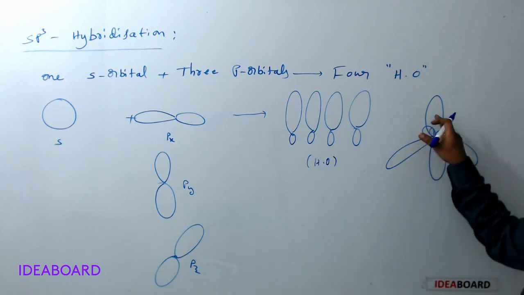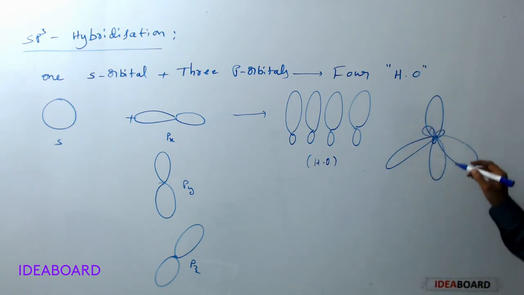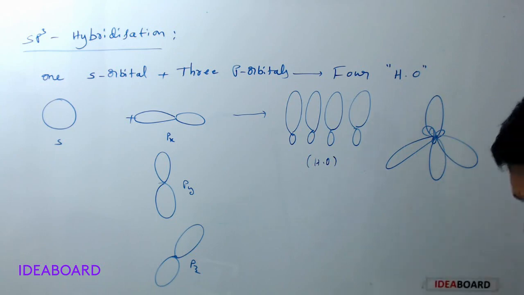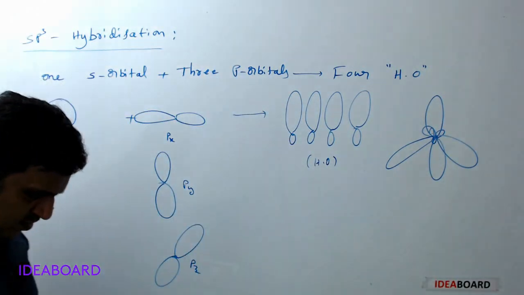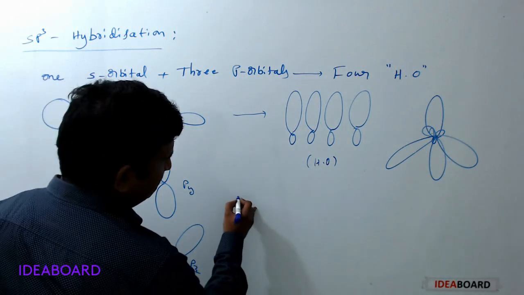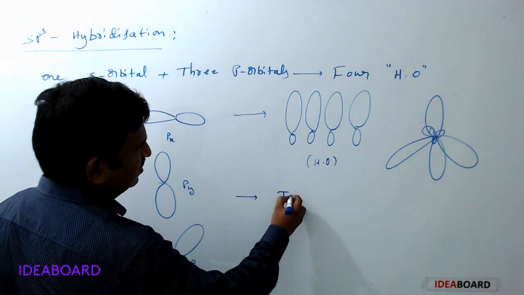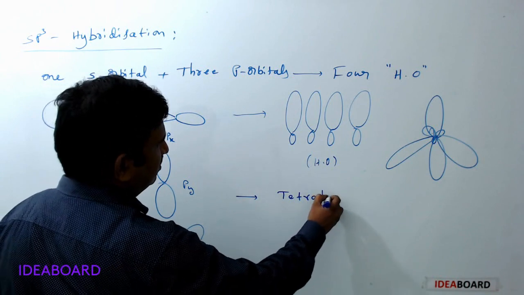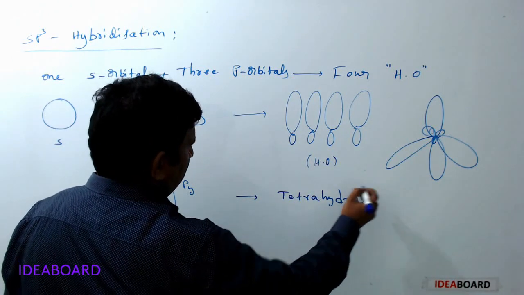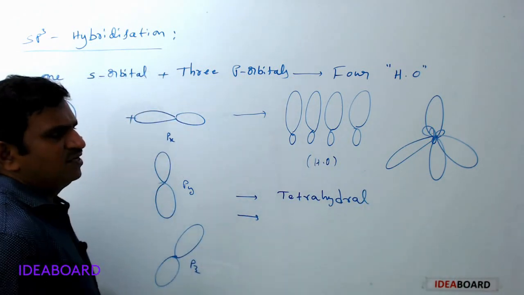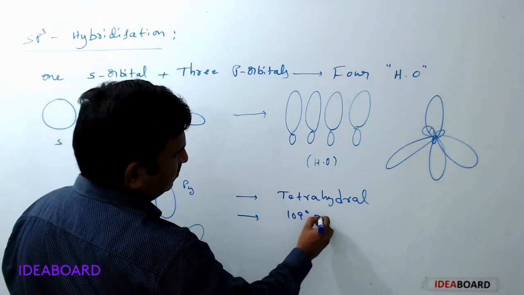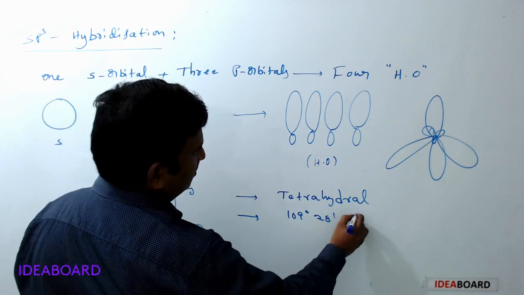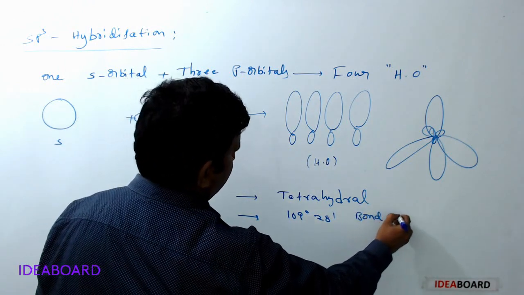This is called tetrahedral shape. So if you take the 4 hybrid orbitals, the shape of the molecule is a tetrahedral arrangement, and the bond angle between the 4 hybrid orbitals is 109 degrees 28 minutes.